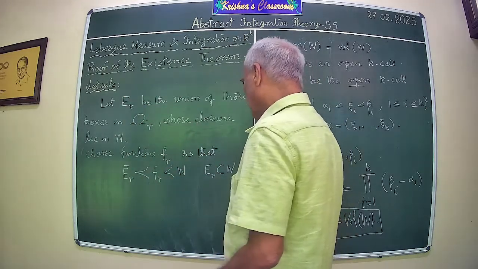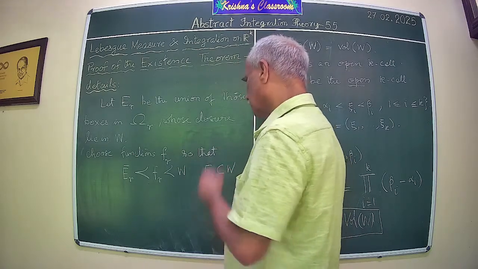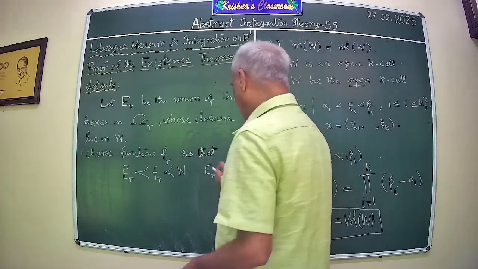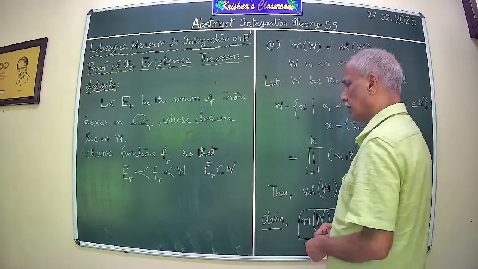Okay. Now what you do is you take the ER closure. ER closure is compact. Therefore, you see that you have this property. This is contained.